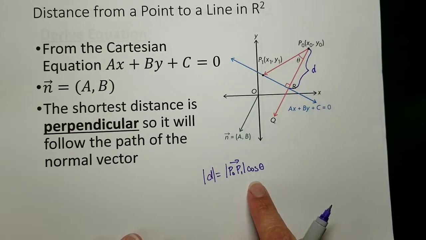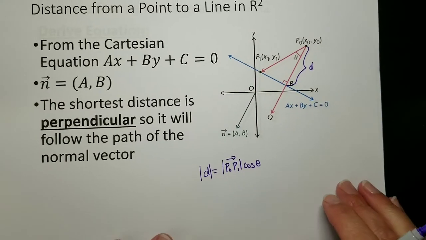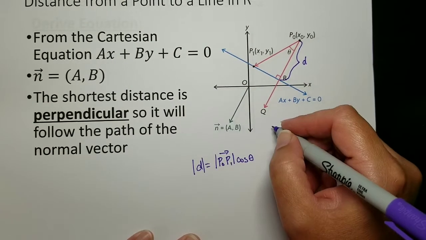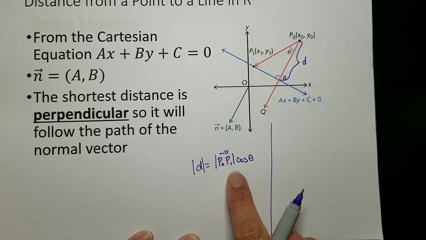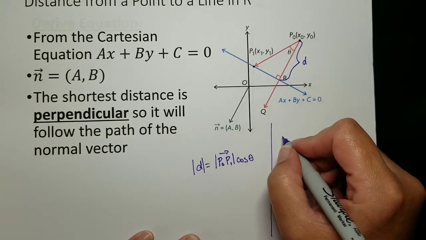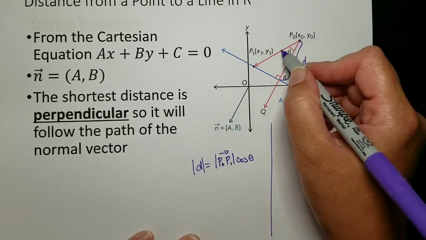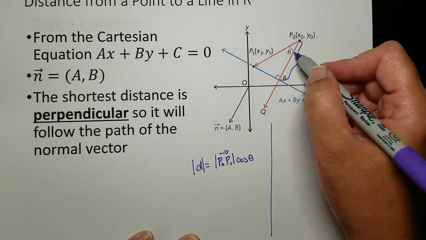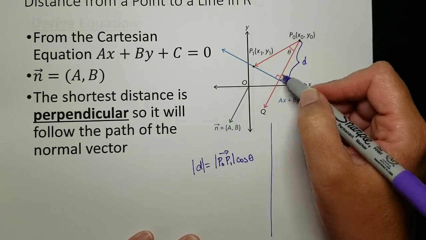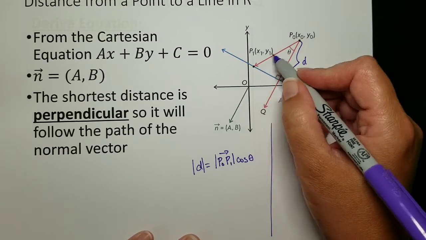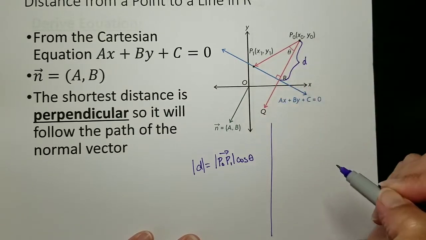The expression that has cos in it is going to involve the dot product. As an aside, the vector P naught P1 dotted with the normal vector equals the magnitude of P naught P1, times the magnitude of the normal, times cos theta.